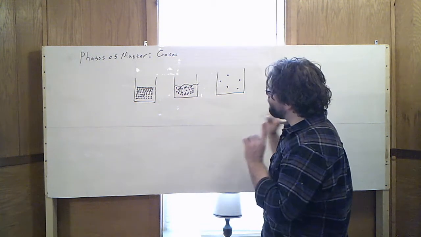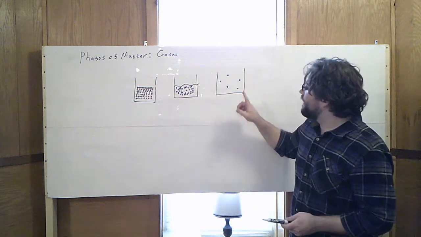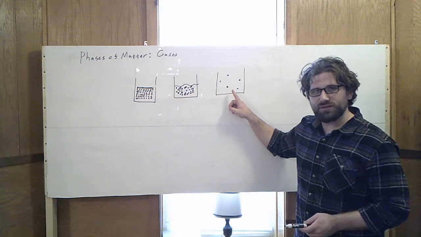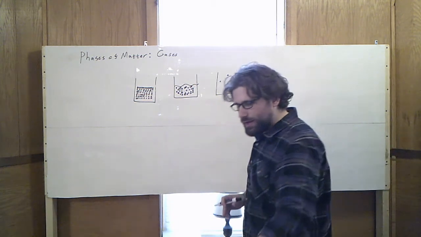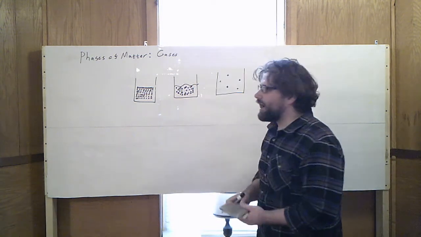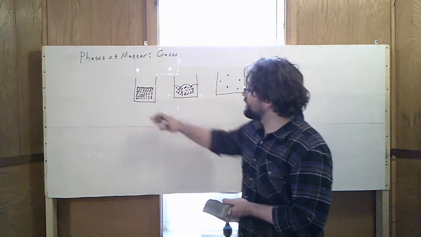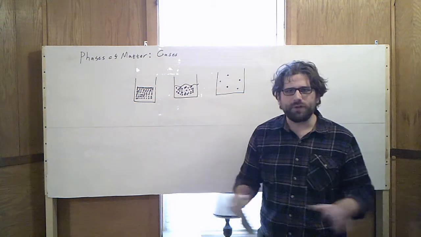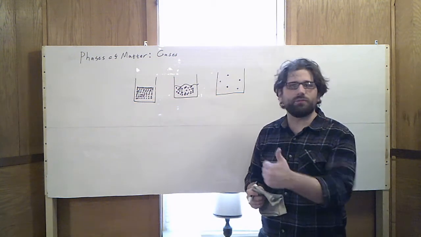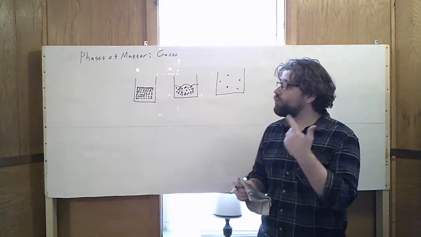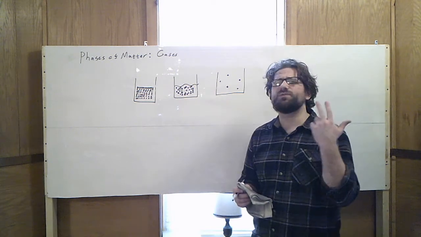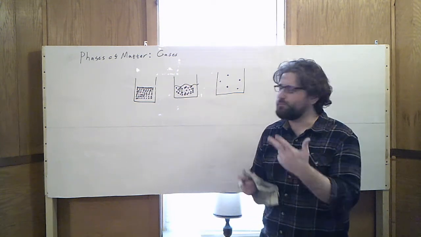So what are the factors that will affect the properties of a gas? Well, it's really not going to depend so much on the physical properties and the chemical compound anymore. In a solid, all of our properties really depend on what kind of intermolecular forces we have, what kind of bonds we have, and what specific elements are there in place.